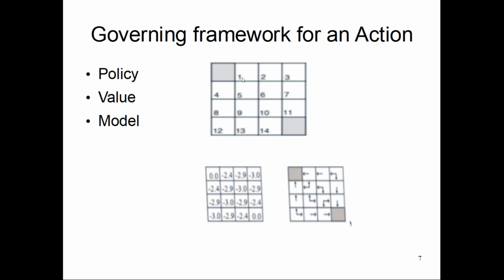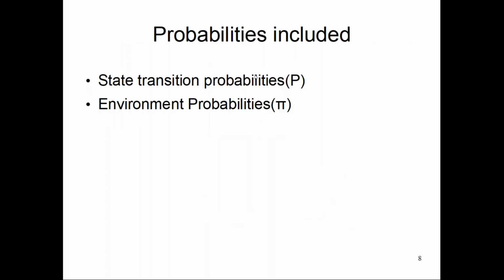This probability which is influencing an action is called your environmental probability. So environmental probability will influence the action, and state transition probability influences the movement from one state to the other. These are the two probabilities which will be involved all across the reinforcement learning problem solution.